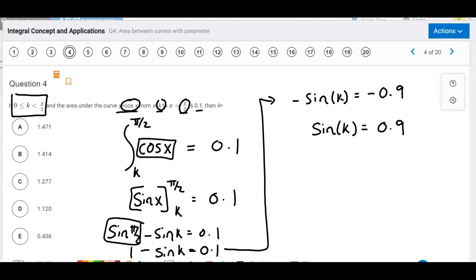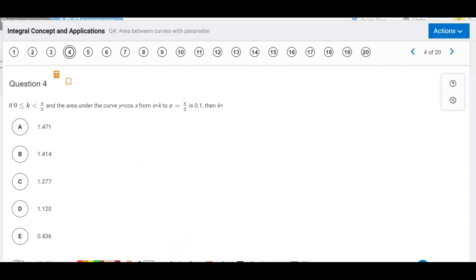So how do you get rid of the sine? What you do is you arc sine both sides. If you arc sine the left side, the sine goes away and just leaves you with k. Arc sine the other side, you get that. And so from there, you're going to punch that into your calculator. Show you guys how to do that real quick if you're not used to doing that. Let's take a look.